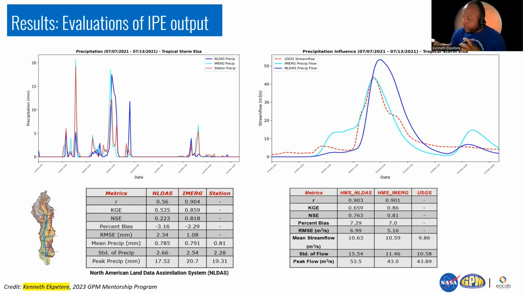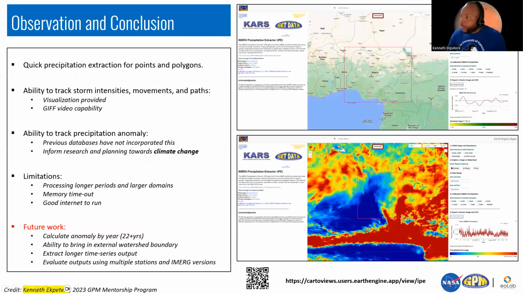We want to see how the output from the image performs in the model compared to what the NOAA uses, which is the NLDAS, and we see that even though the Pearson correlation was higher for the NOAA NLDAS, our KGE and NSE were higher, which is pretty good agreement compared to the NOAA NLDAS.